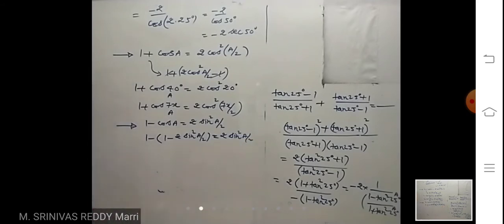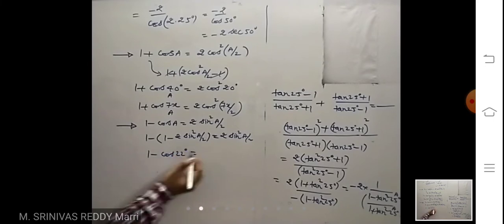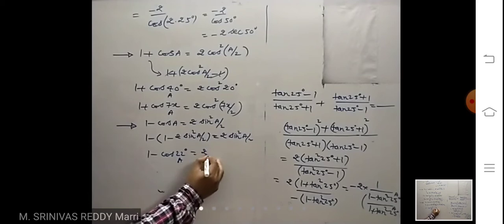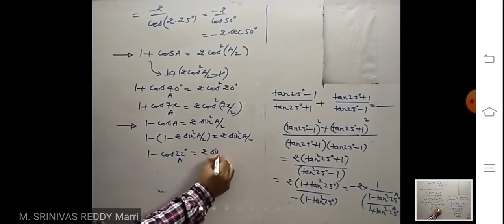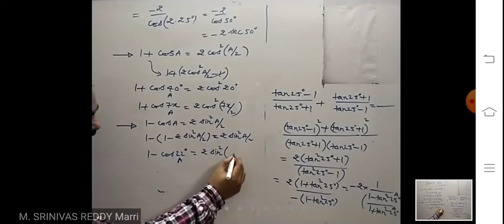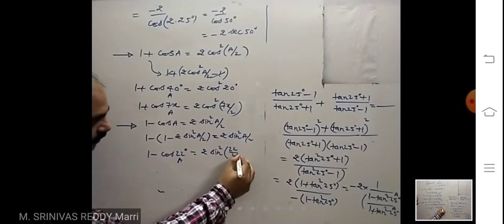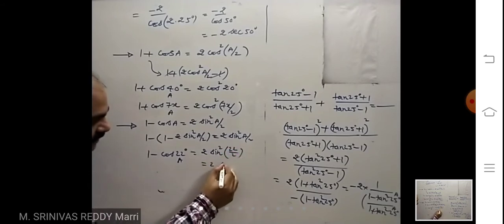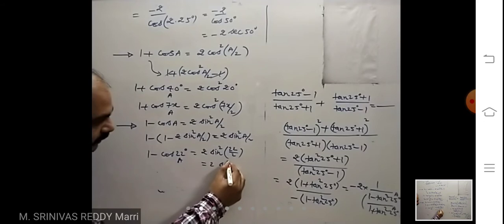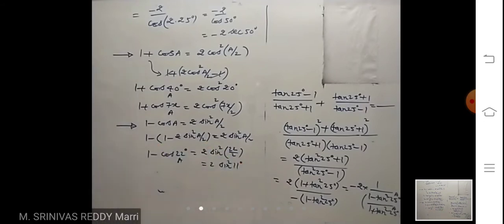Whenever minus is there, suppose 1 minus cos 22 degree is there, this is nothing but 2 sine square 22 by 2, that means 2 sine square 11 degree. Like that, 2 sine square a by 2.